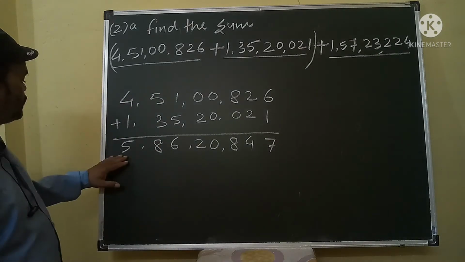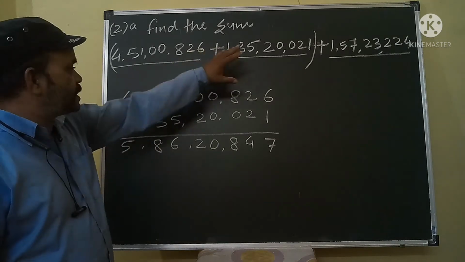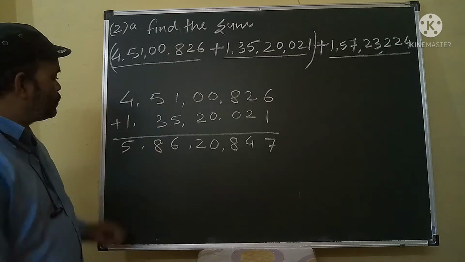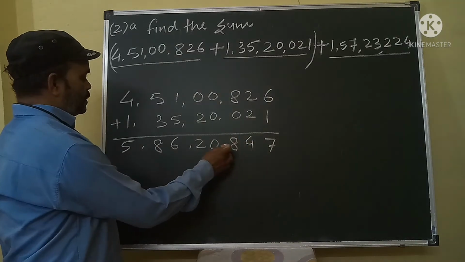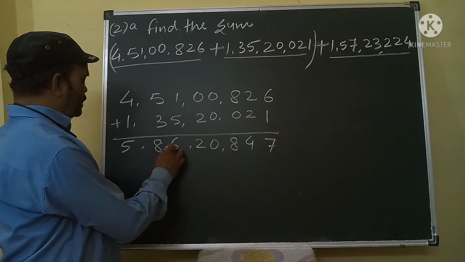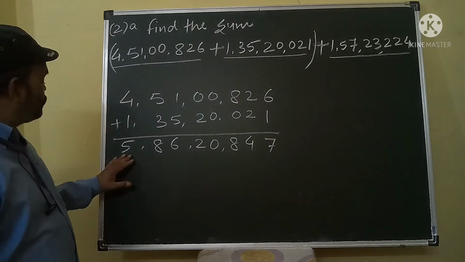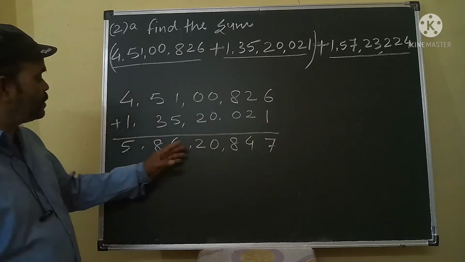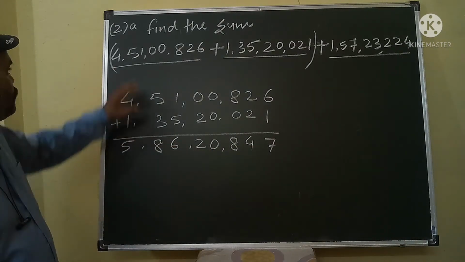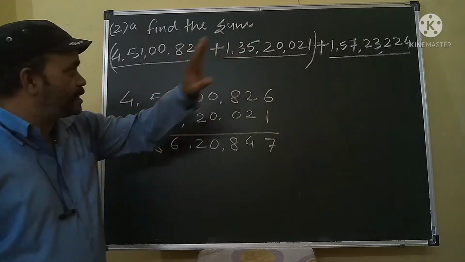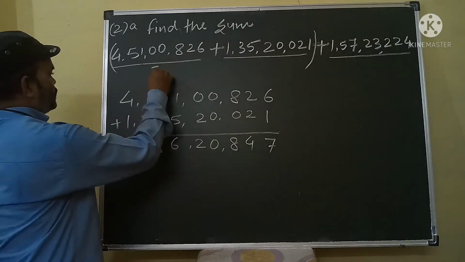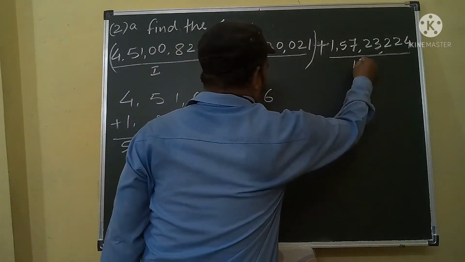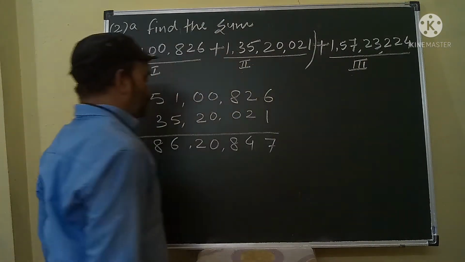That is the sum of the first and second number: 5 crores 86 lakh 20,847. This is the first number and this is the second number, and this is the third number.